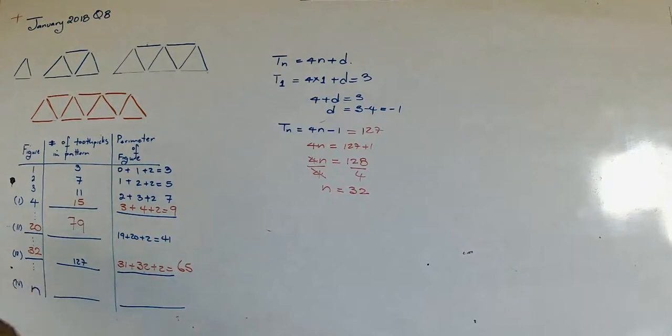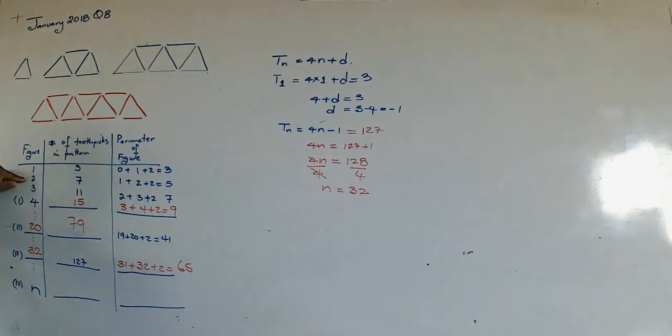Watch me. Listen. If this is 1, this is going to be 4 times 1 minus 1, don't it? So it's 4 times 1 minus 1, and I get 3.